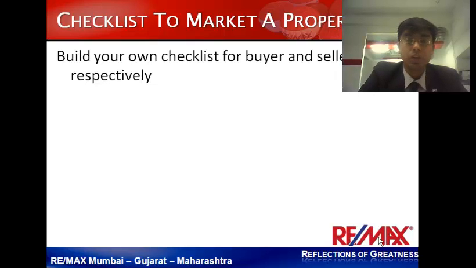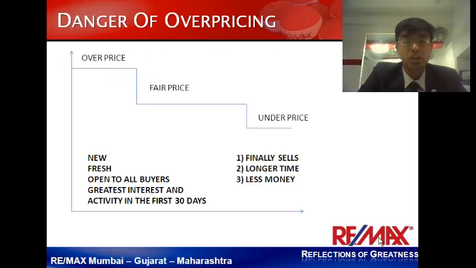Moving on, we also talk about the dangers of overpricing. As we see in this particular graph, say for example, you list a property which is overpriced and it is new in the market, fresh in the market, open to all buyers.